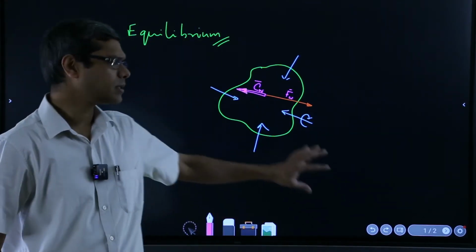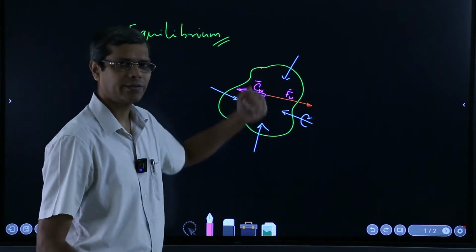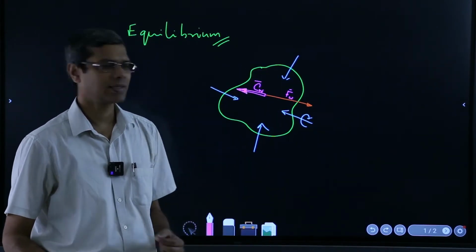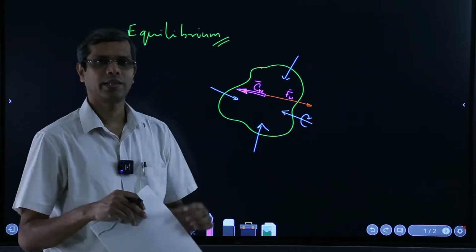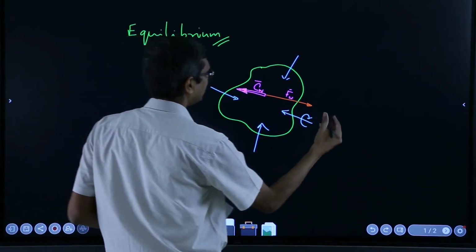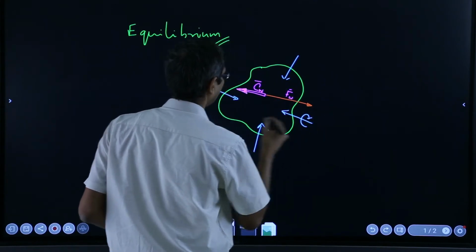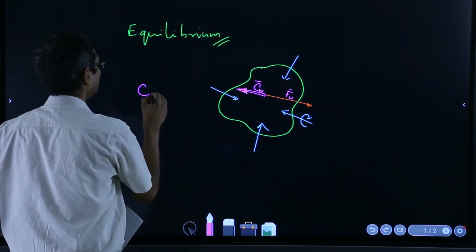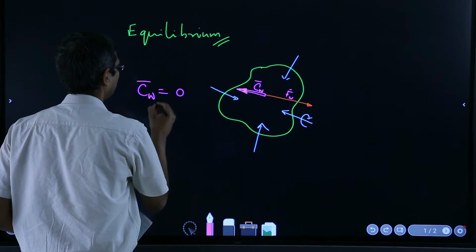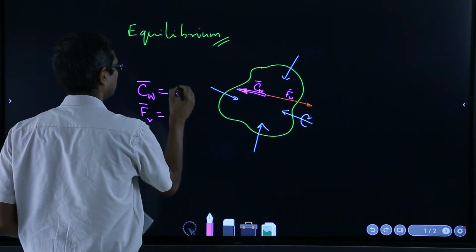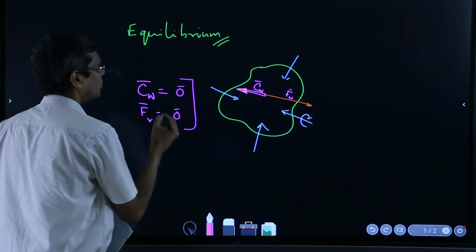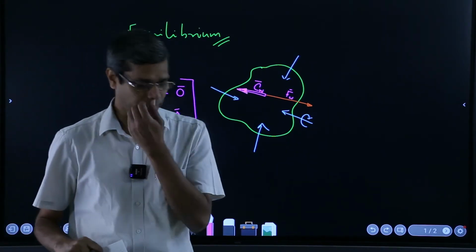So the whole system of forces, if we can represent that as a single force and a couple moment in the same direction, and if this CW is equal to 0 and FR is equal to 0, then we call the system to be in equilibrium.